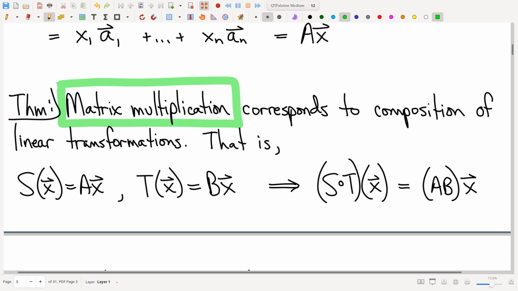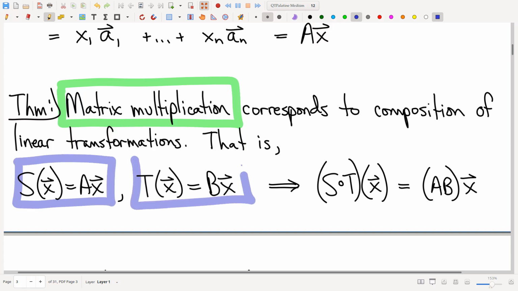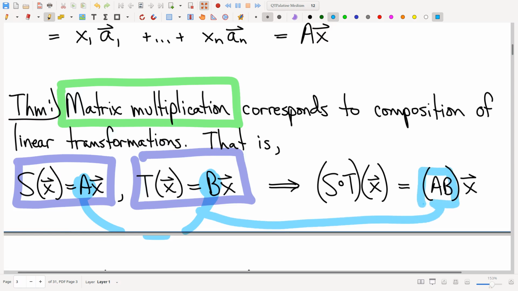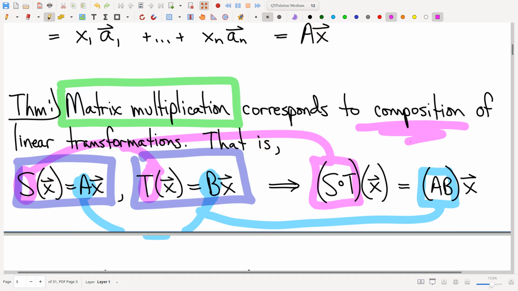This is my favorite, and that is if you have 2 matrices, again, keep in mind each matrix you can think of as a linear transformation, the act of multiplying the matrices corresponds perfectly with the act of composing those linear transformations.